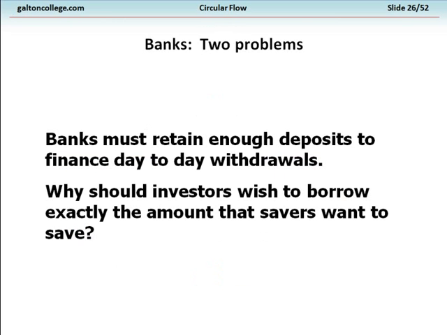First of all, with the banks, there are two problems. It must keep enough deposits to deal with day-to-day withdrawals. We have the illusion, with the banks, that if we go looking for our money, it's there. In fact, the money has been lent out to someone else. But yet, when you want your savings back, you can go to the bank and withdraw it.